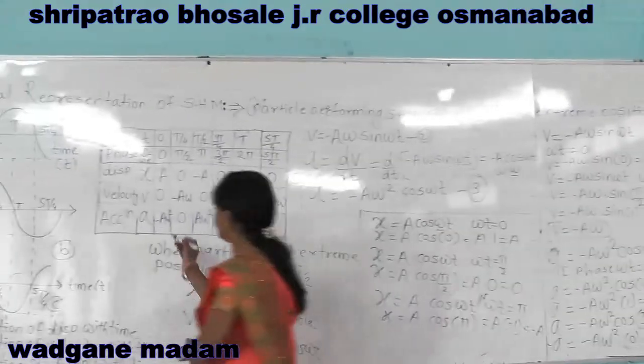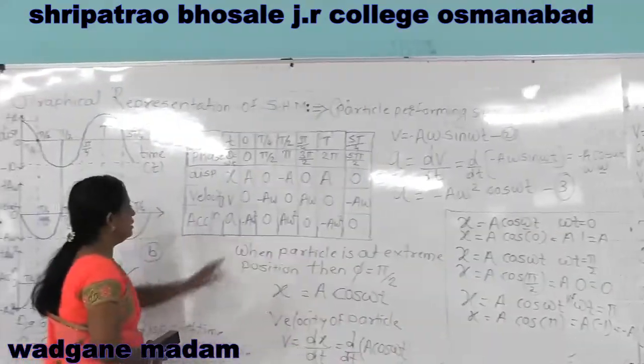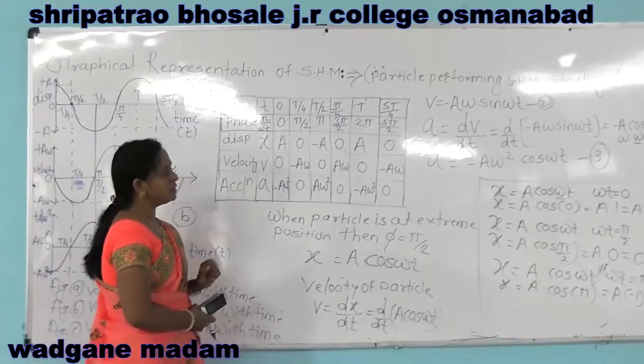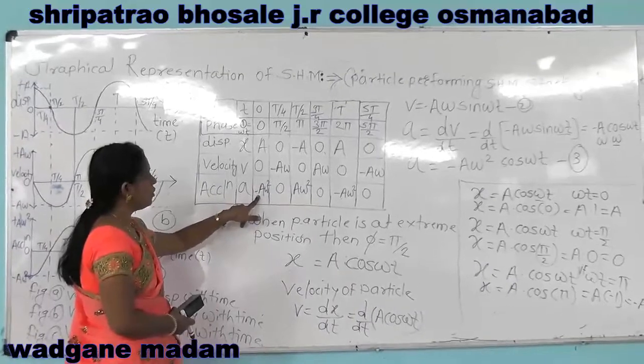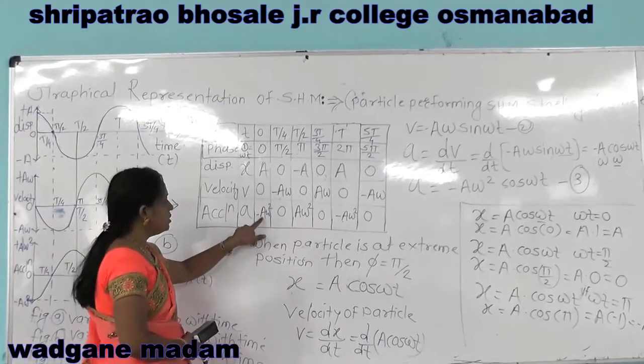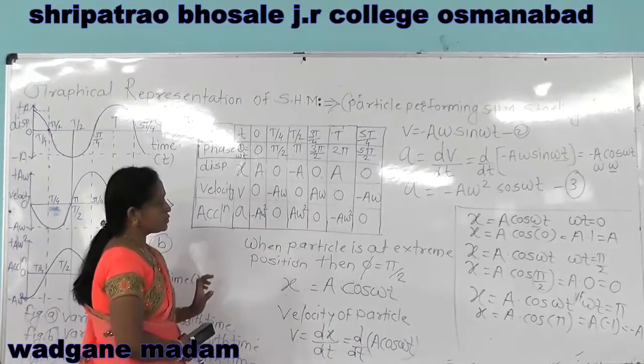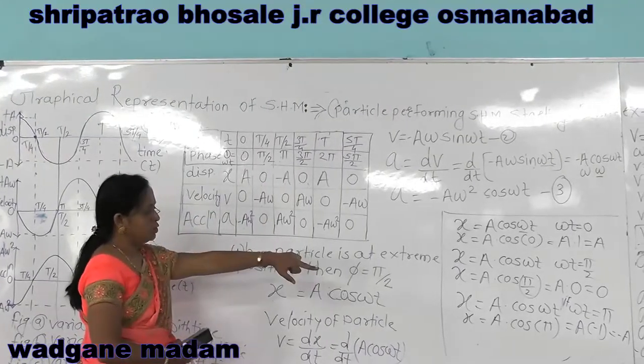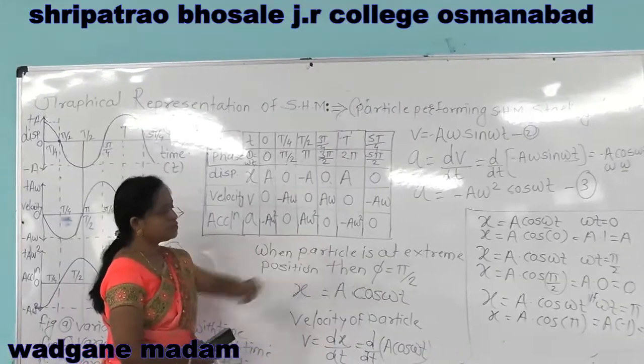Therefore, we get the value of acceleration at the phase omega t equal to 0 as minus a omega square. At the phase pi by 2, cos 90 is 0.